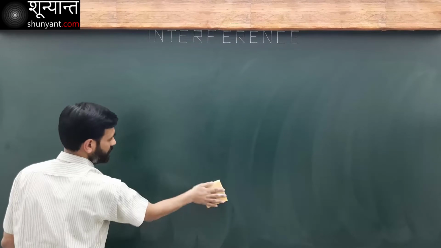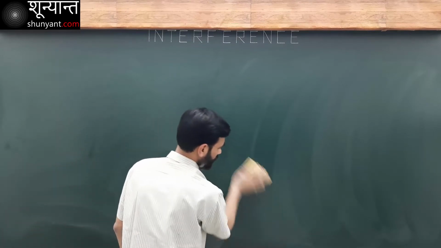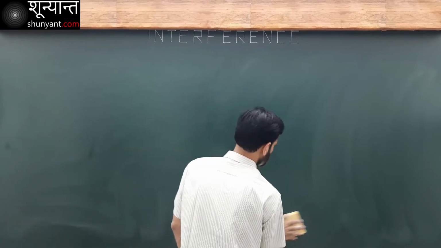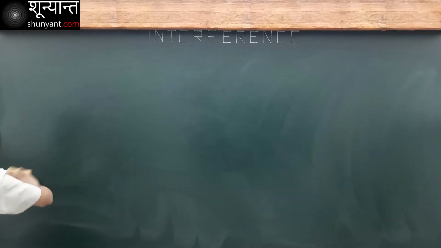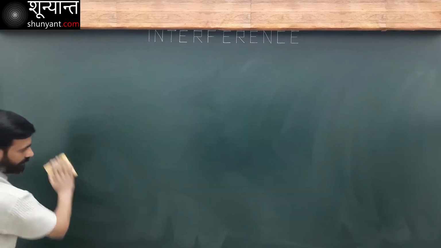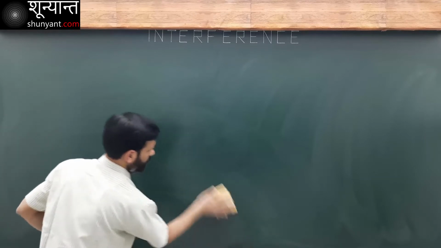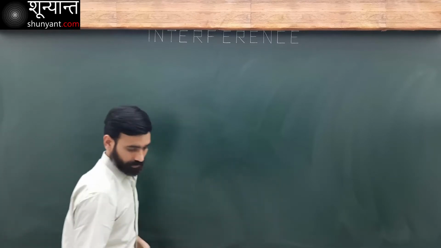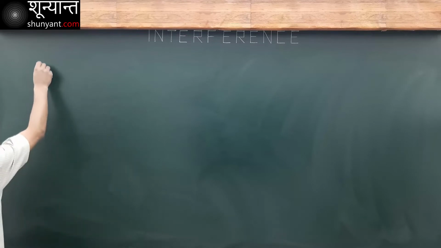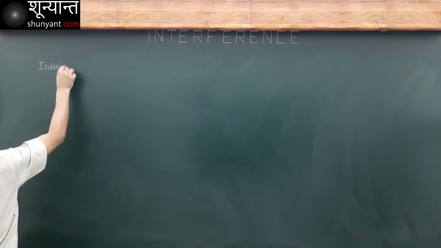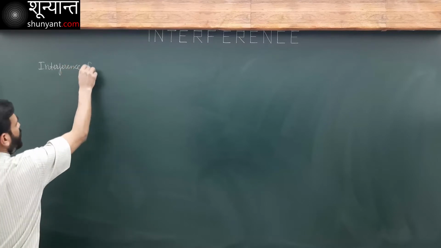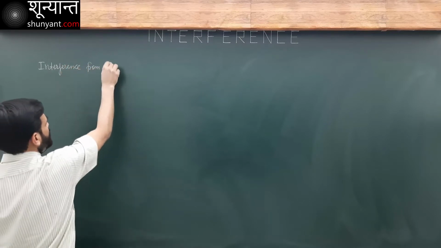We just have to study the theory. Later on, we will do problems also in advanced courses. We will do a few problems, but here we are concerned only with the theory. The topic is interference from thin films.